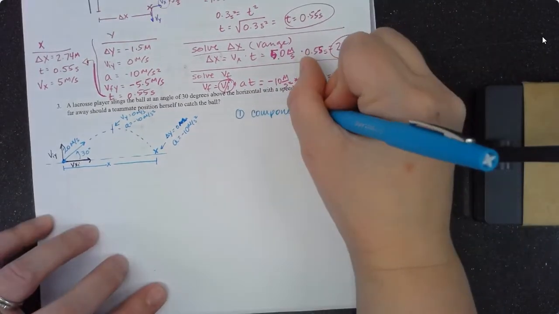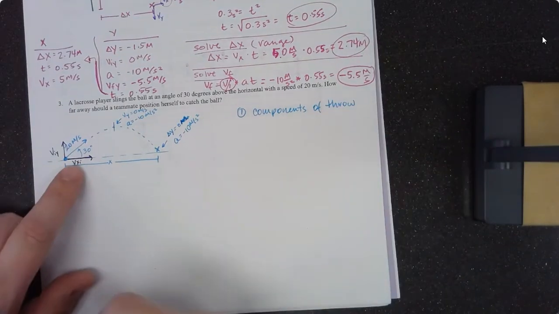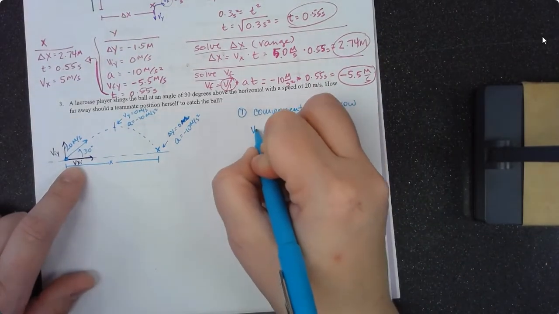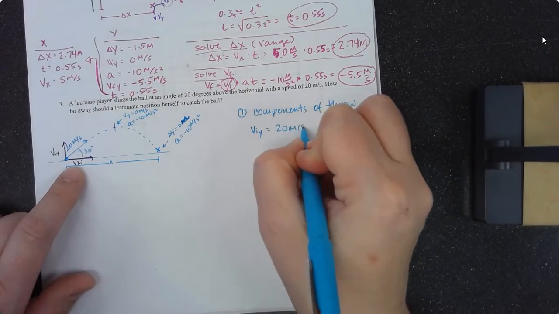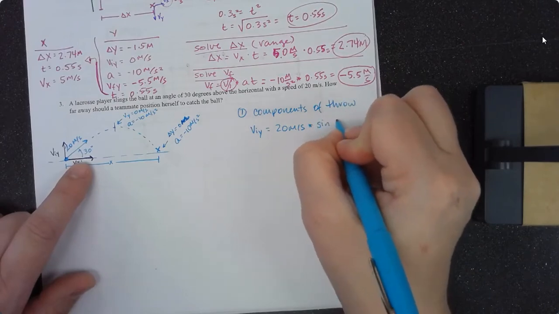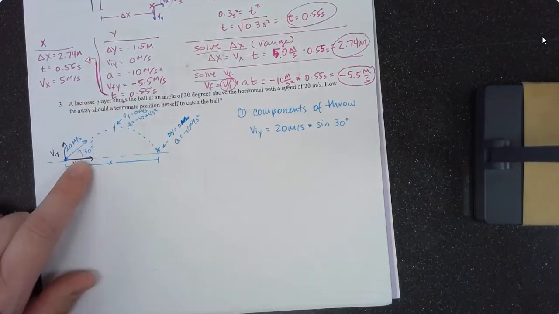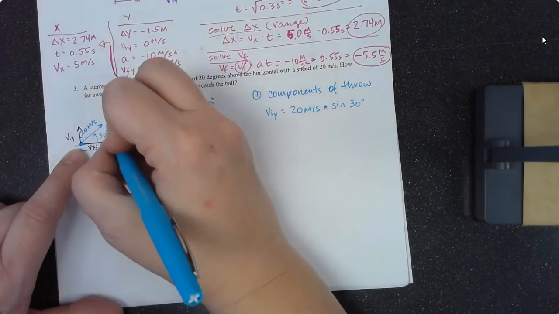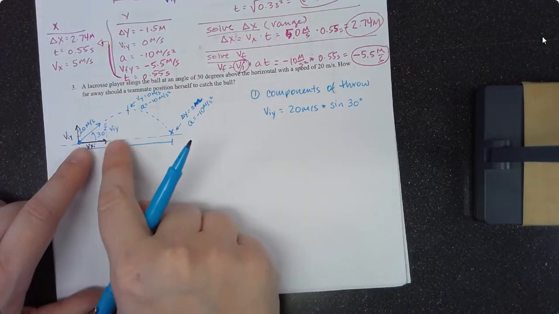So the first thing we're going to do is find the components of the throw. So in order to do that, we've done this problem a bunch of times. Our initial vertical velocity is going to be 20 meters per second times the sine of 30 degrees. I like to imagine them all relative to the angle that we're actually given. And so this side is going to be congruent with the opposite side of this triangle. And so that relationship is going to be the sine of the angle.